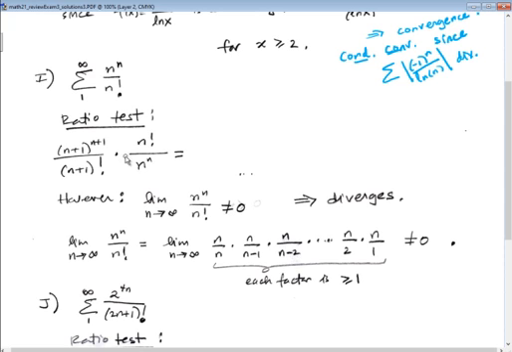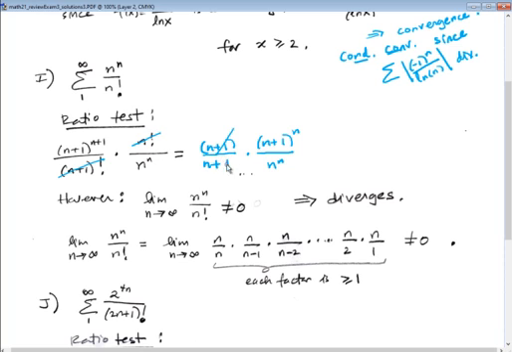Reducing this way, we have an n plus 1 in the denominator, and then let me break off one of the n plus 1s from here. Then we're left with n plus 1 to the n here, and then we have n to the n.